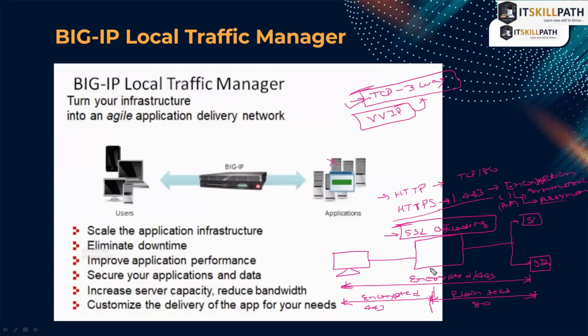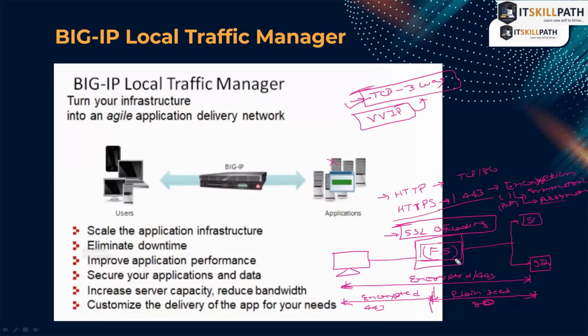So we can offload the connection: encryption and decryption is done by the F5, and the backend communication will be on port 80. Why do we do that? Our backend server and F5 are in the same data center, and a data center is also a secure place. Unauthorized access is not allowed in a data center.